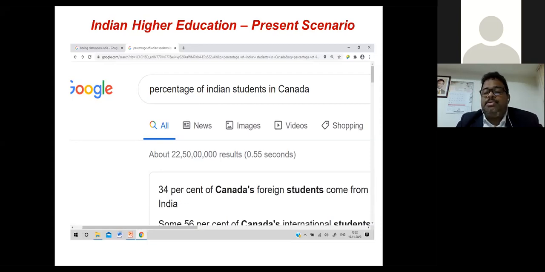At least most of them, almost all of them. So it's a fundamental question, why we are not in a position to attract them, to keep them, or for the higher study in our country, in our institutions.